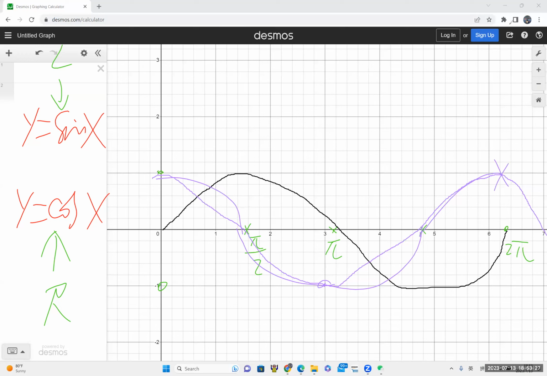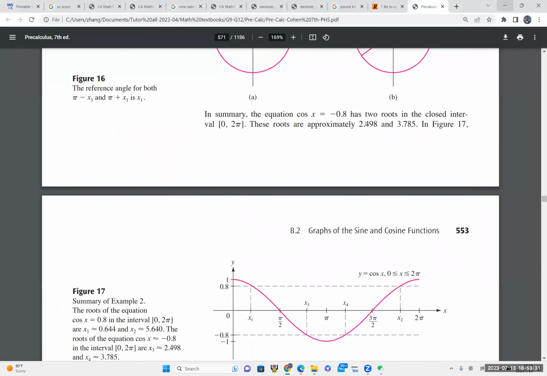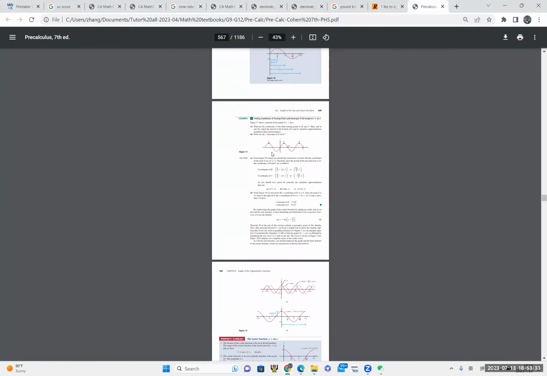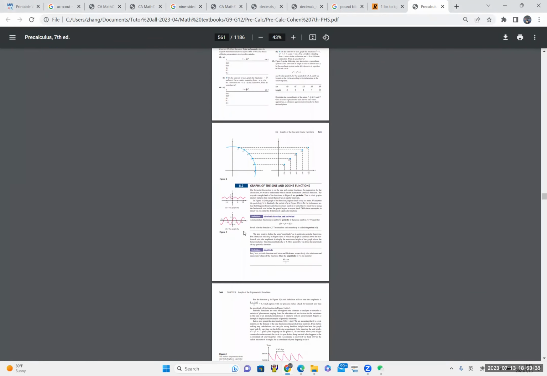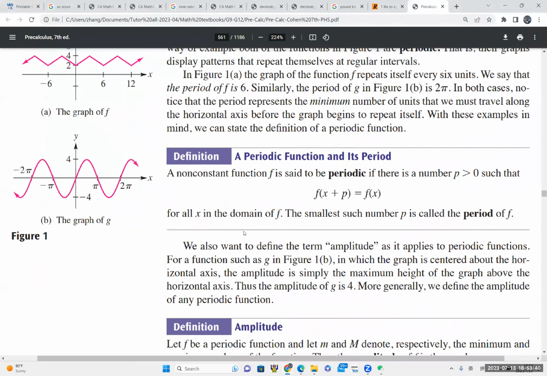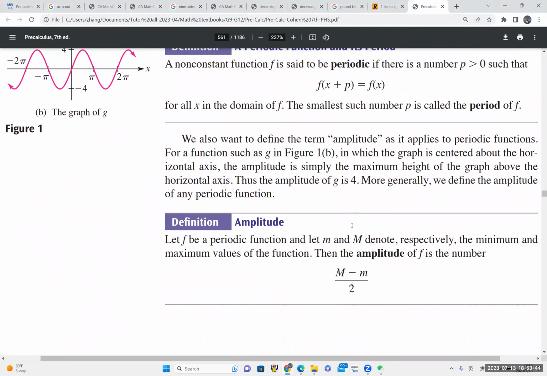If you guys know this, we'll quickly pass this section, but let's review it again quickly to save time. Periodical: the period is 2 pi.